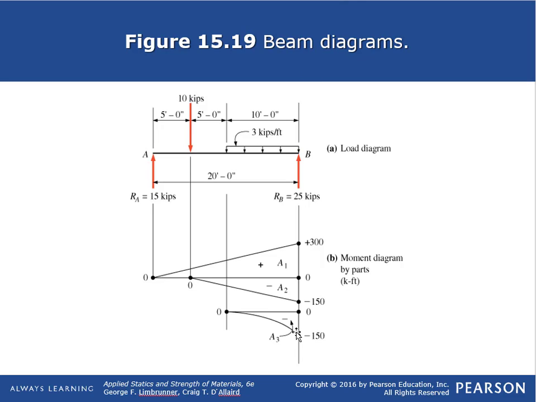That's where we have this parabolic area right here. This would be another way to do it. What we're trying to do is make our lives simpler using the moment area method by dividing up the moment diagram into the 3 different components. And again, we'll discuss this in the example problems.